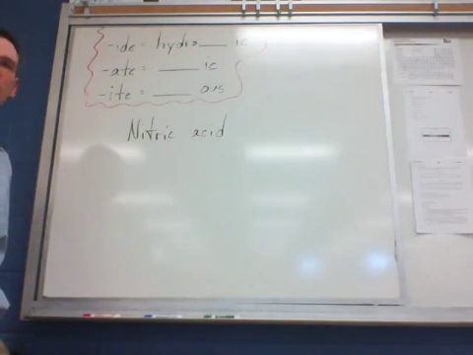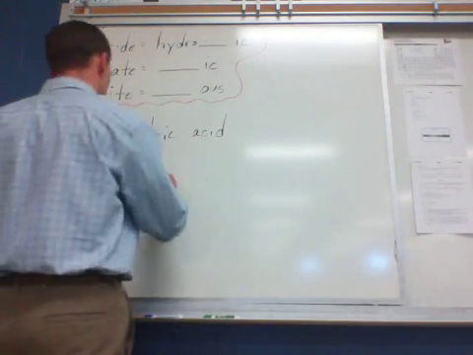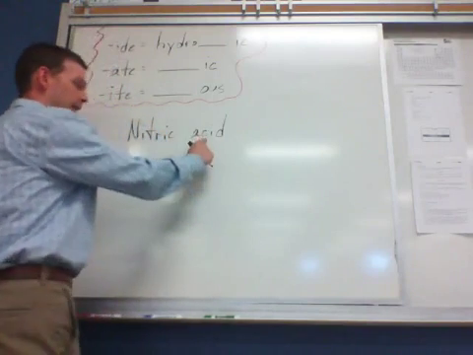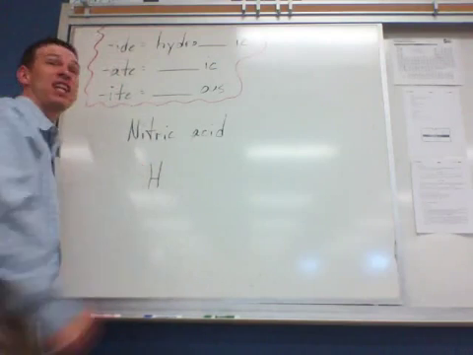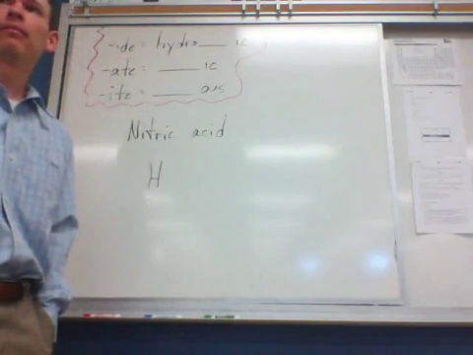Now we need to orchestrate the formula from the name. Nitric acid. What element must that start with? H. Right away, we know it's going to start with an H. The word acid tells me H. Now it's the word nitric that we need to look at, though.